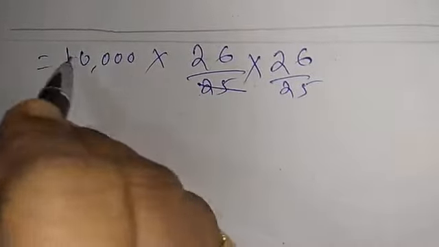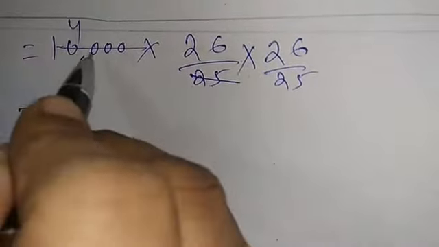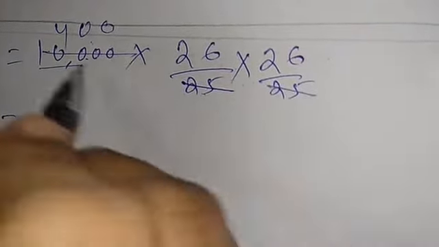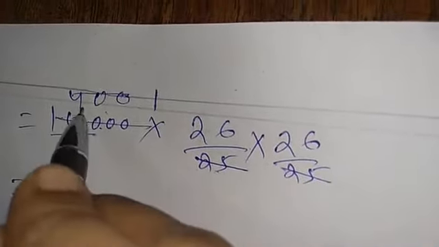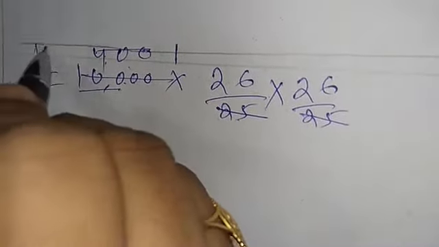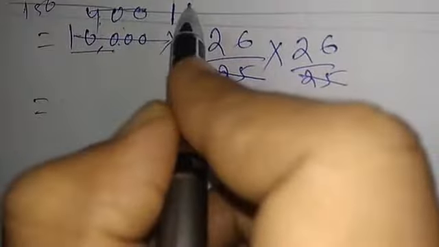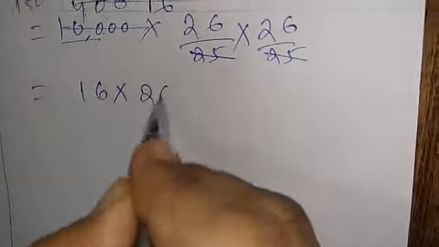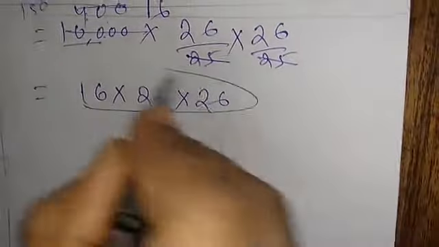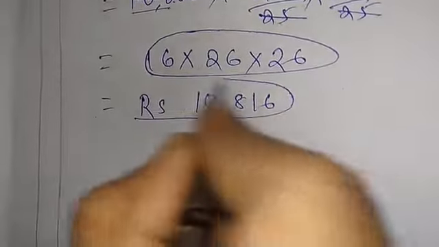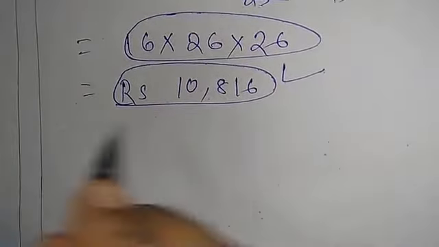Next we solve this one. 25 4 is 100, 100 finished, then 0, again we divide. 25 1 is 25, 40 minus 25 equal to 15. So 150 means 25 6 is 150. Okay, so 16 into 26 into 26. We multiply these 3 numbers, and we get 10,816. This one is the total amount. So amount equal to this much.